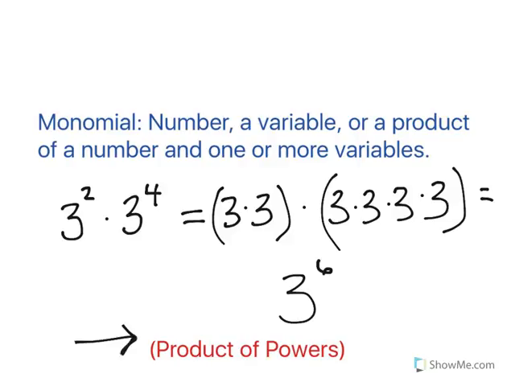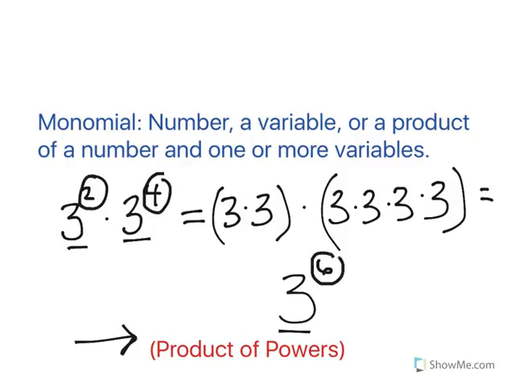So what it's saying is we're taking 3 to the second power times 3 to the fourth power, okay? And all we have to do is we're going to keep the same base. So we're going to take the base of 3, and then we're going to add 2 and 4 to make 6.